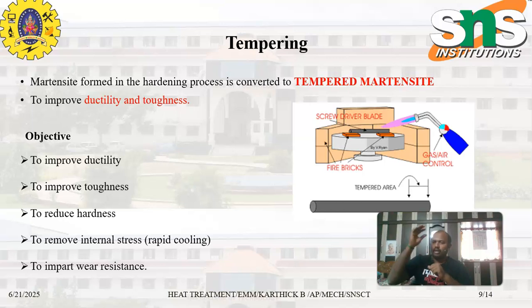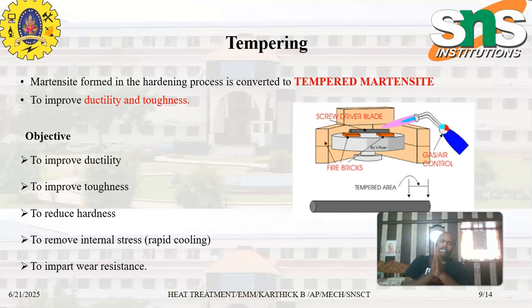We are not drastically reducing the hardness, but upon doing this tempering process, the hardness goes from 100% down to about 70%. At the same time as the hardness decreases, there is improvement of ductility and toughness, where the material gets ductility, toughness and hardness, and these three properties can be achieved by using this tempering process.